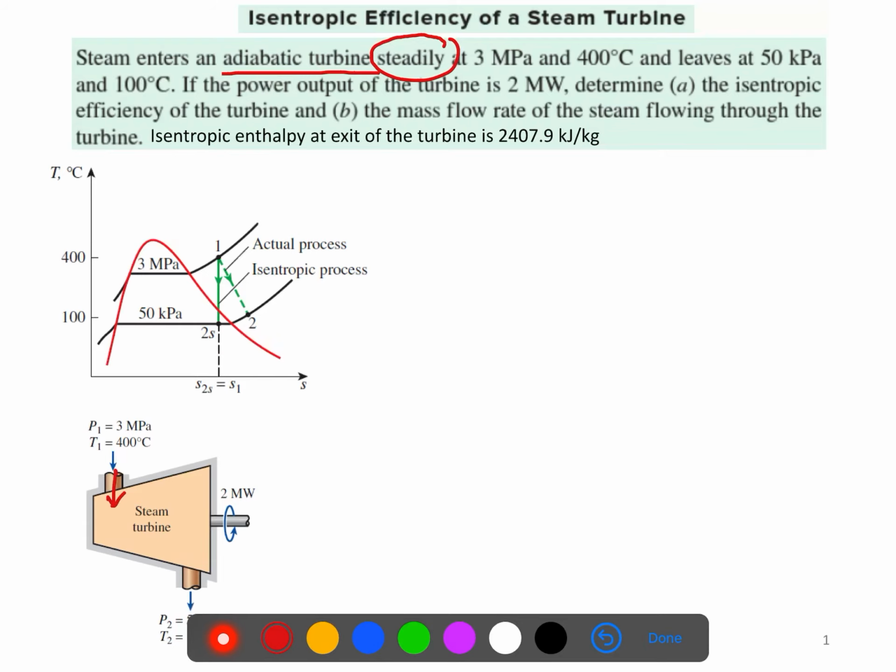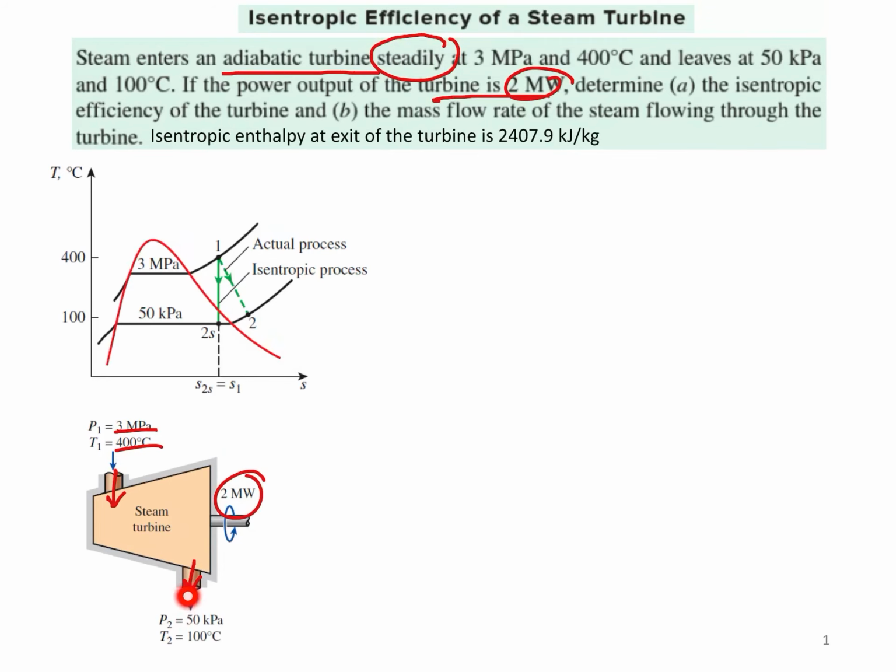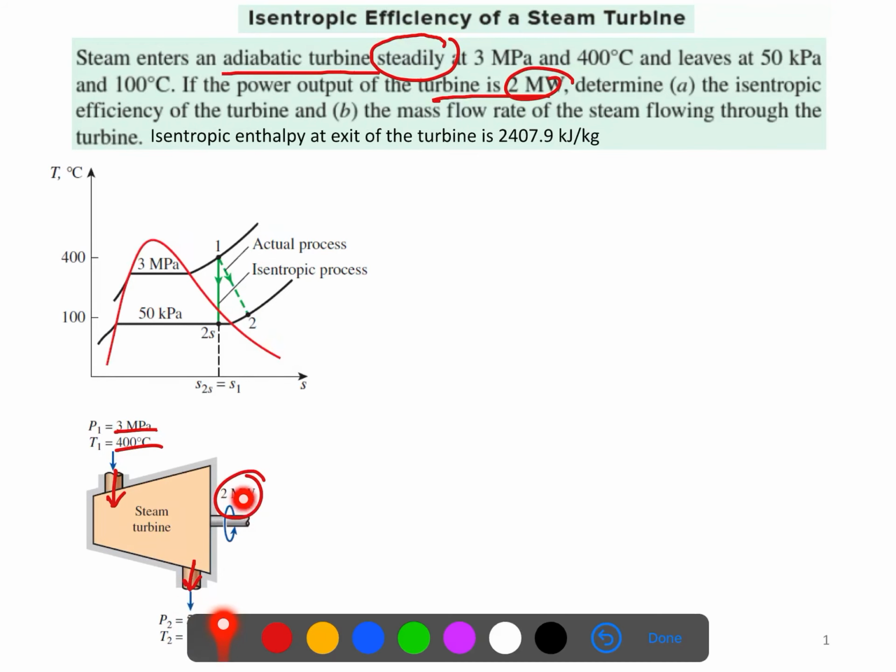And the temperature and the pressure are given. All information is given, and it leaves through this exit, this outlet. The power output of the turbine is 2 megawatt. So this is the output through the exit, and this is the power output.